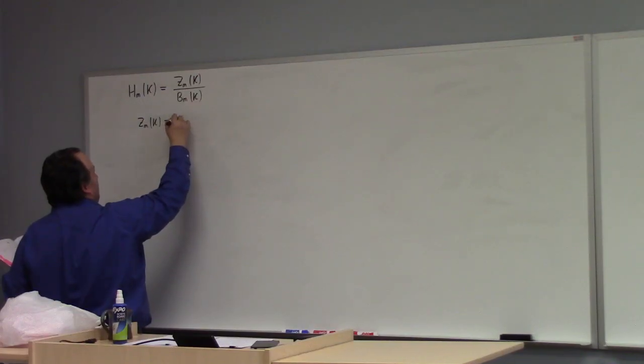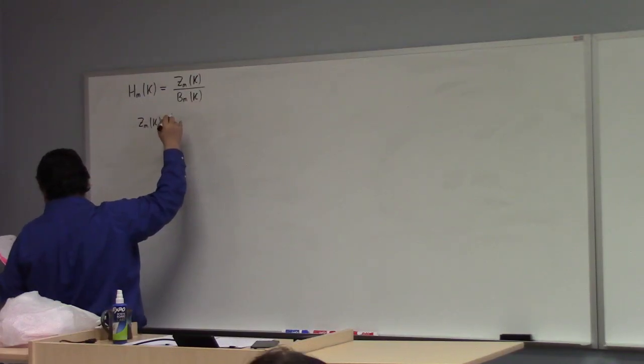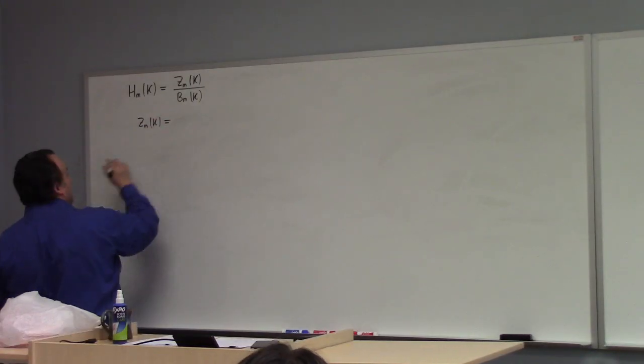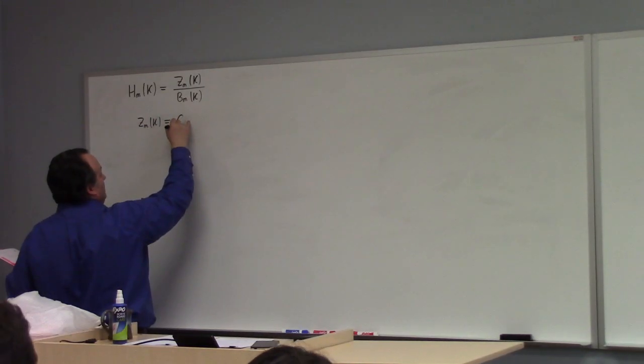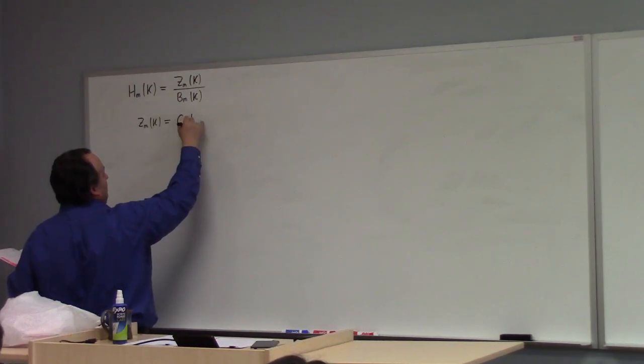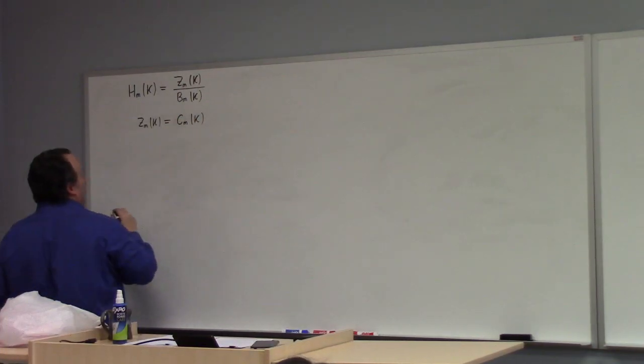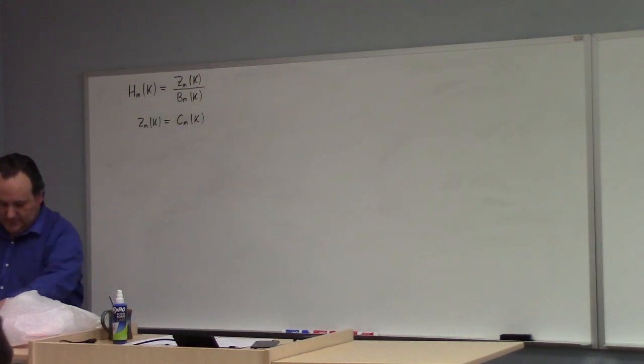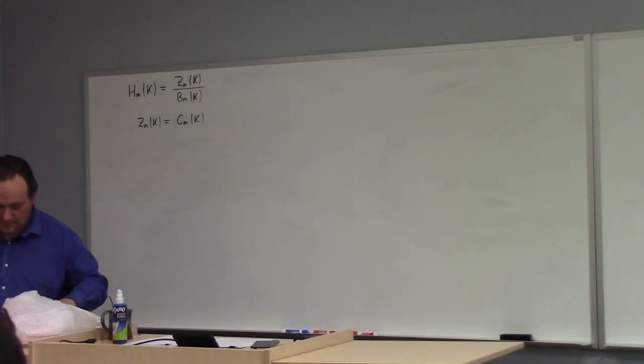Was it C_M(K)? Yes, C_M(K), the vector space of all M chains. Vector space of all M chains.